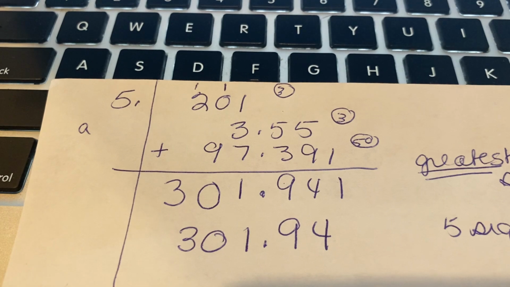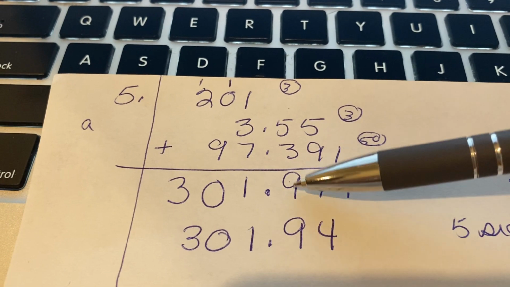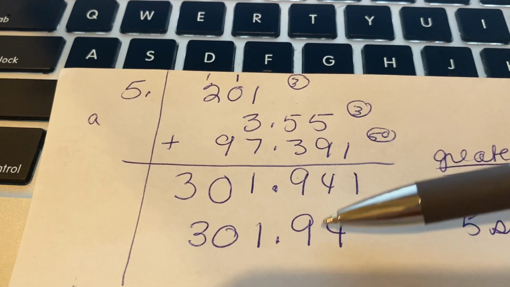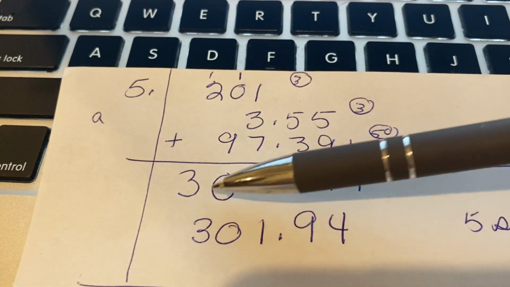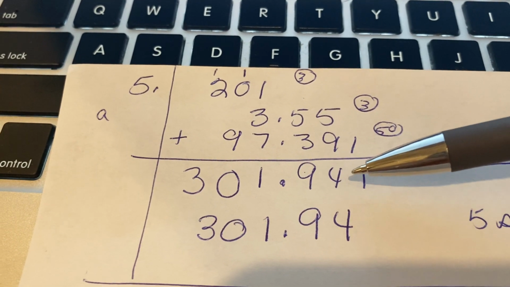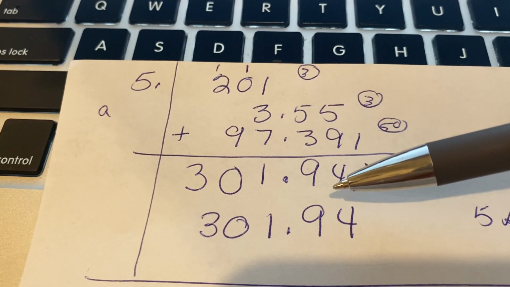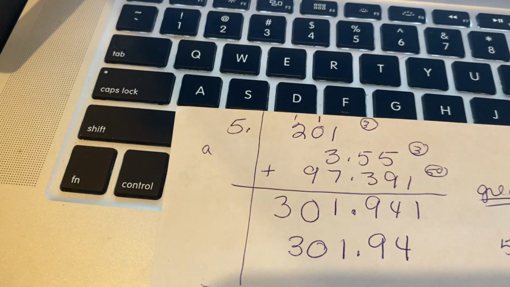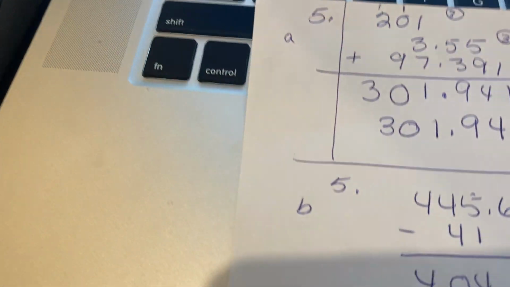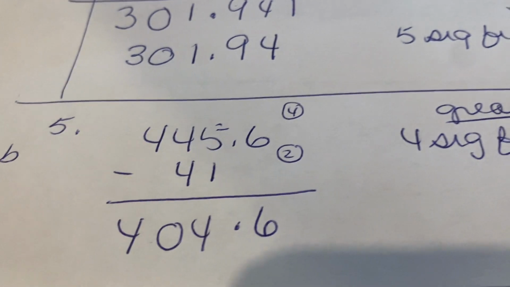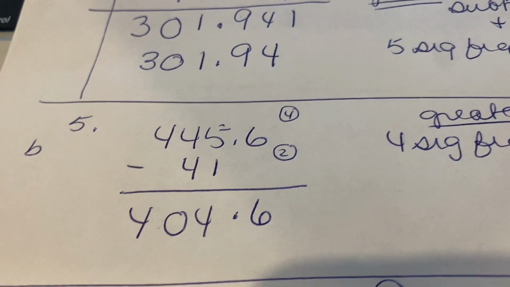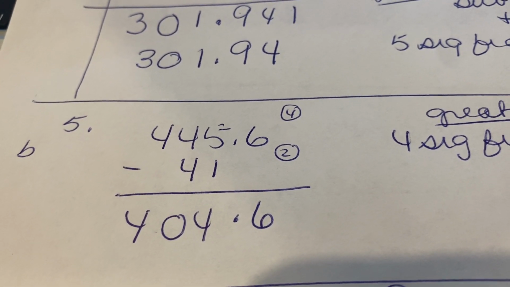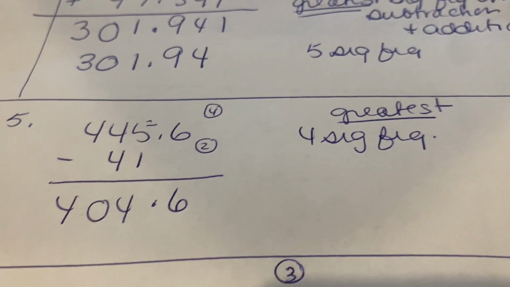I actually rounded it to the 5th sig fig, but if you round it to the 3rd sig fig, you'll end up with 1, 2, 3. So you'll end up with the number 302, right? B. So here's the subtraction of sig figs, as you subtract in the sig figs.